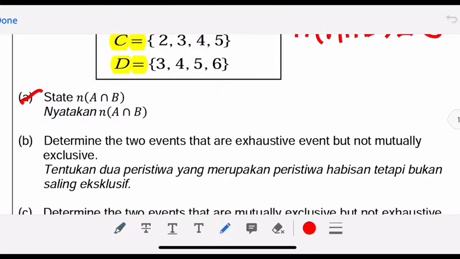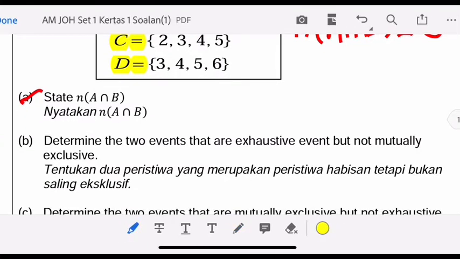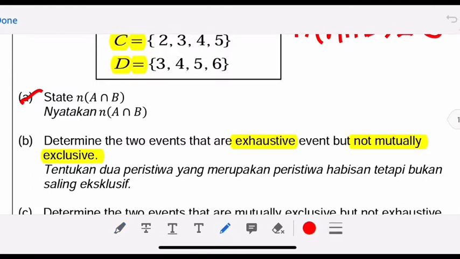For B, determine the two events that are exhaustive events but not mutually exclusive. What is meant by exhaustive? I will explain it later. Actually, when two events are exhaustive, together they tally with the universal set.